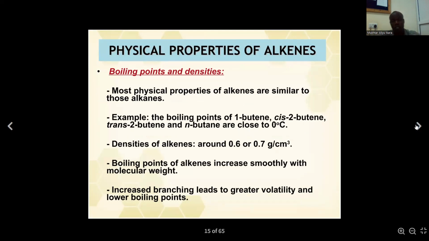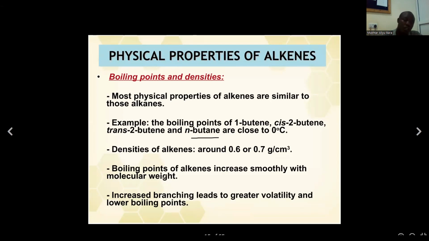So they have almost the same boiling point because their properties are almost the same. The densities of alkenes generally range between 0.6 to 0.7 gram per cm cubed.